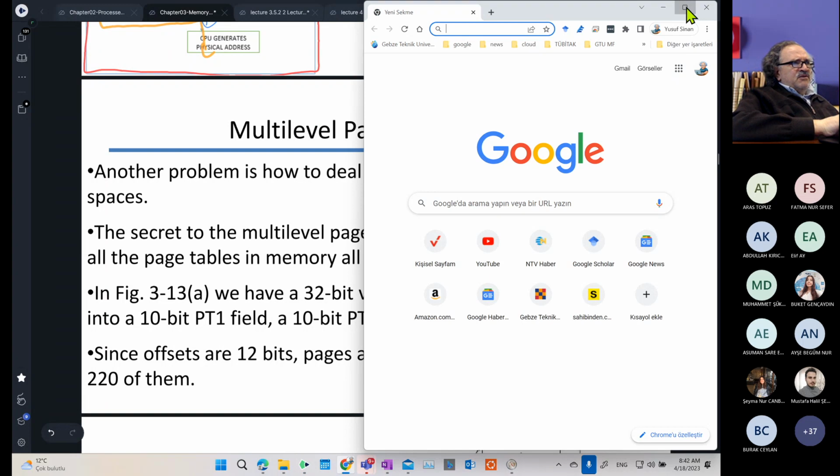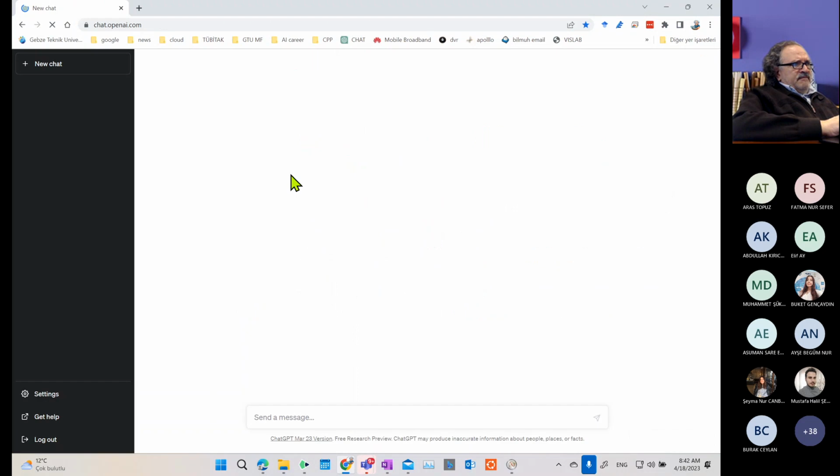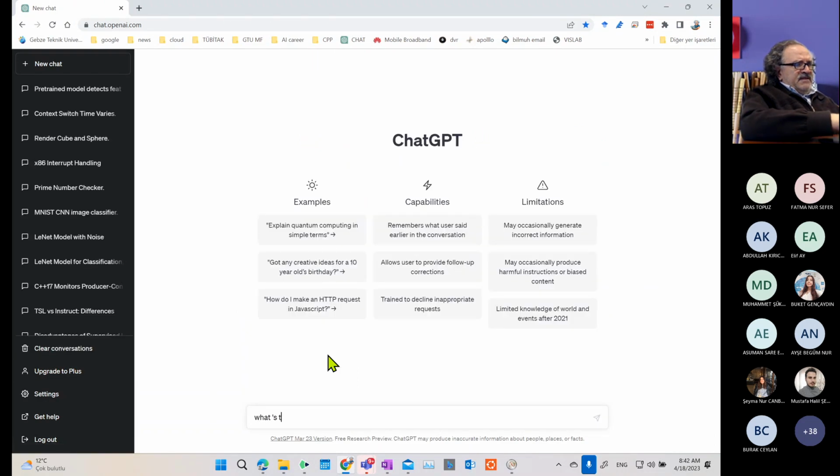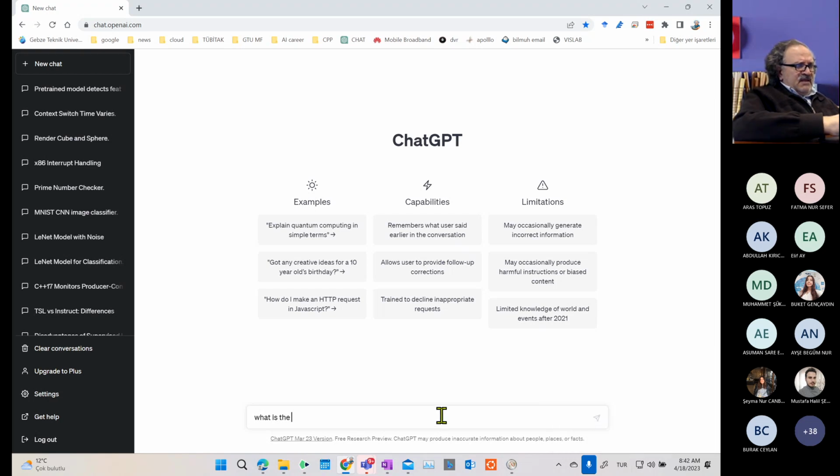Let's look at this one. So, guess this chat. What is the largest virtual memory space for Linux and Windows? Run.